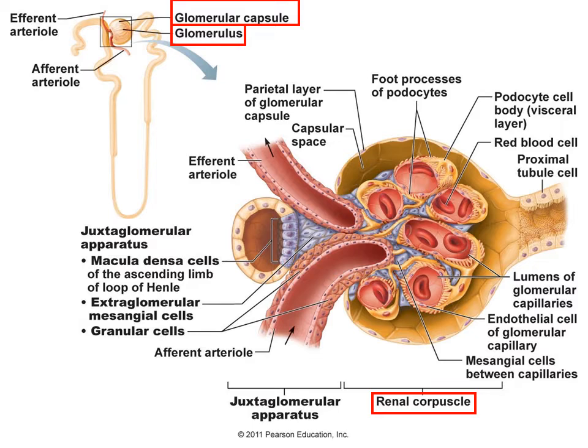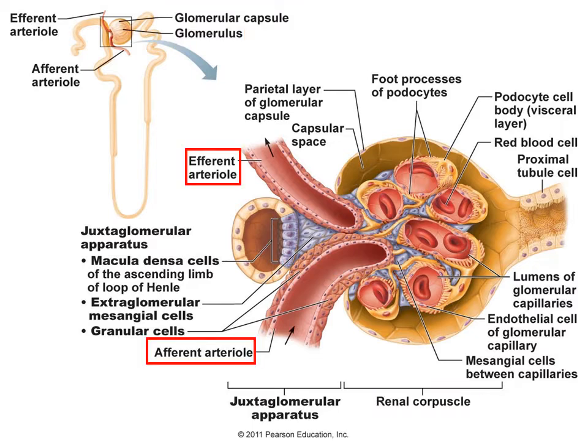So as the blood comes in, the afferent arteriole passes through the capillaries. A lot of substance will be filtered out of the blood. And then where does this fluid go? It's being collected, this filtrate is being collected in the capsular space.